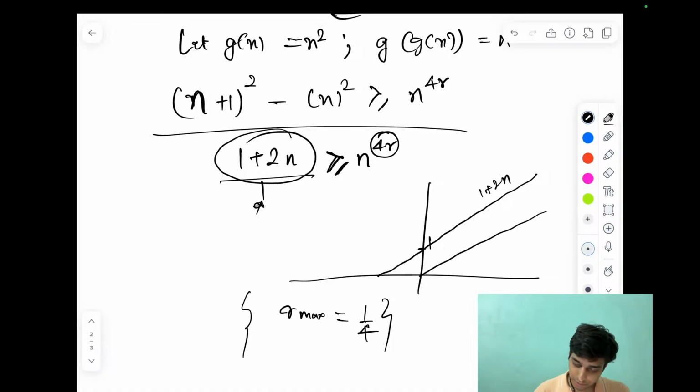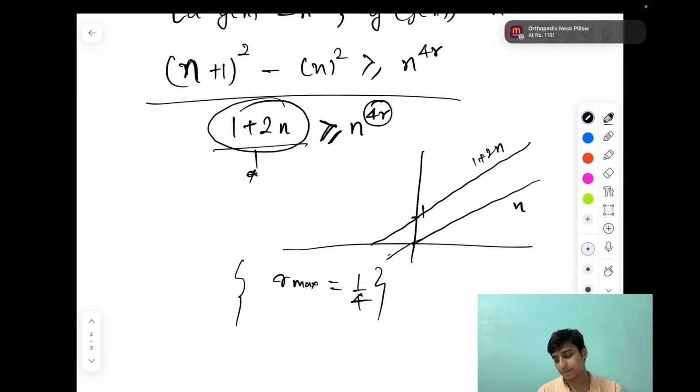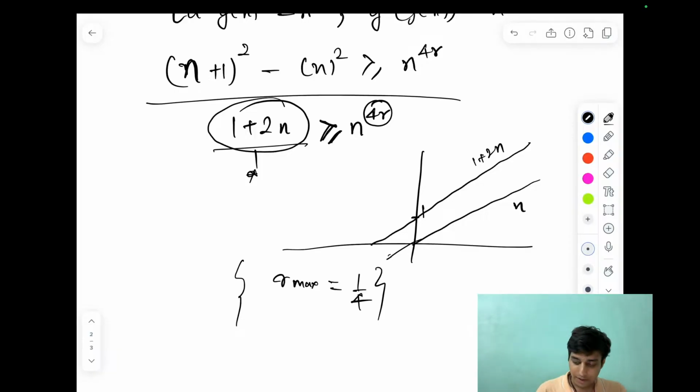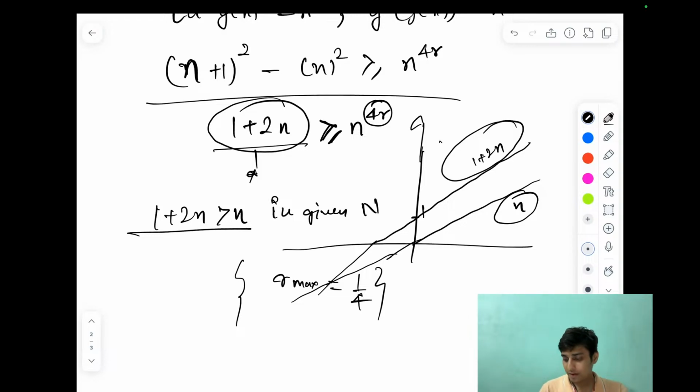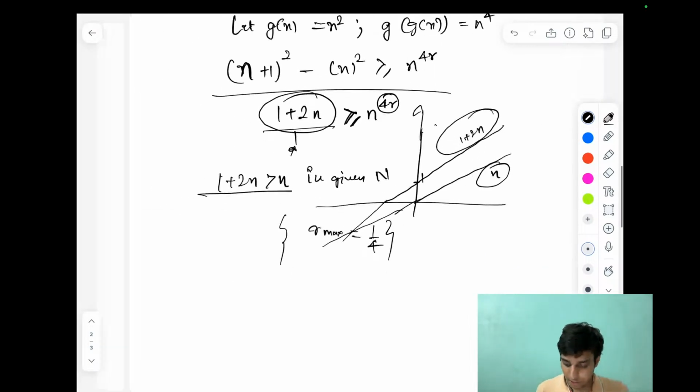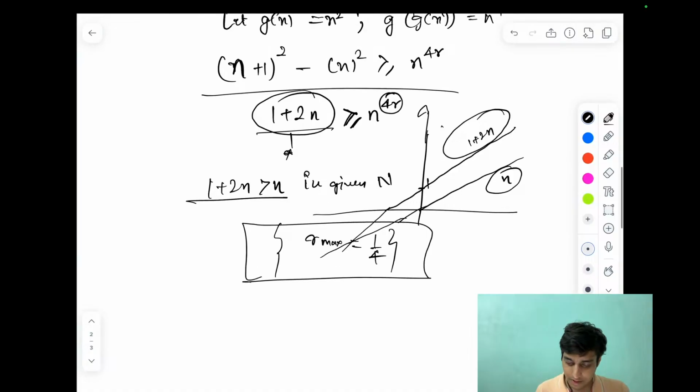Then this line would be like this, right? The slope might vary and they might intersect at a point. This line would be greater than this: 1 plus 2n would be greater than n in the given domain. So we have got r maximum for this.